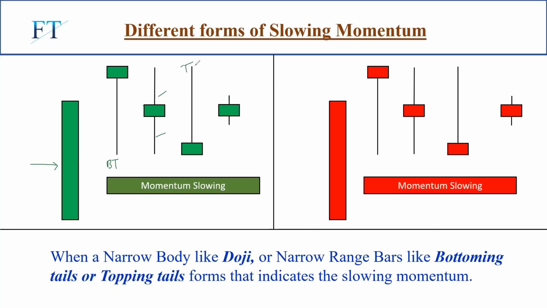Then we have a topping tail bar here which has its body at the bottom and a long tail at the top, and then we have a very small body here, which has small tails as well. So all these bars in themselves are telling us that the momentum is slowing. All these are various formations of slowing momentum.